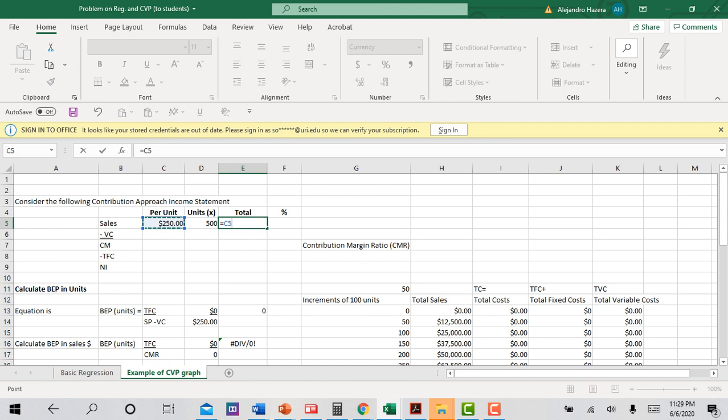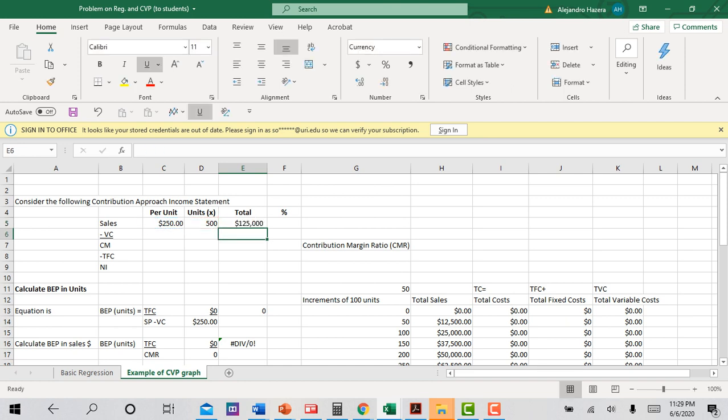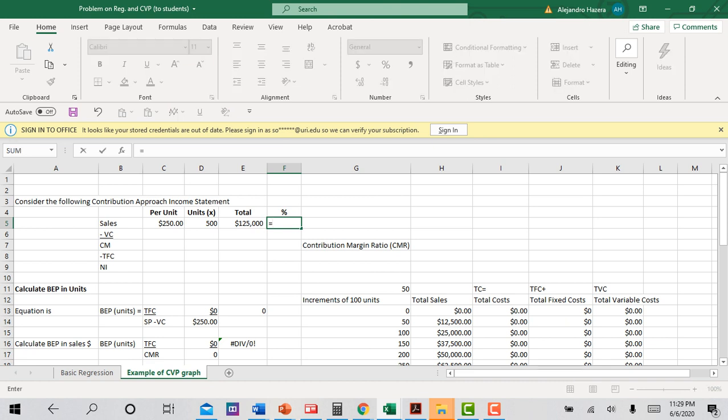So we'll multiply 250 times 500, which gives you $125,000 total sales. And like I did in the last videos and in the last chapter, I'm going to compute the contribution margin ratio. I'm going to do this in terms of percentages. Everything is always done as a percentage of sales. So I'm going to just divide sales by itself.